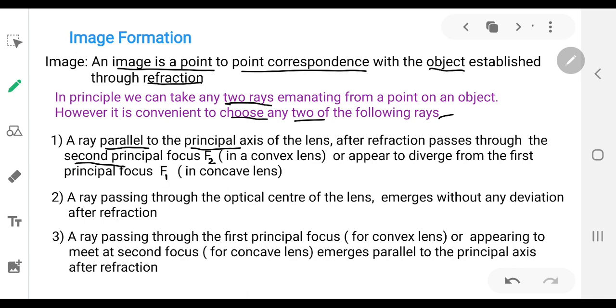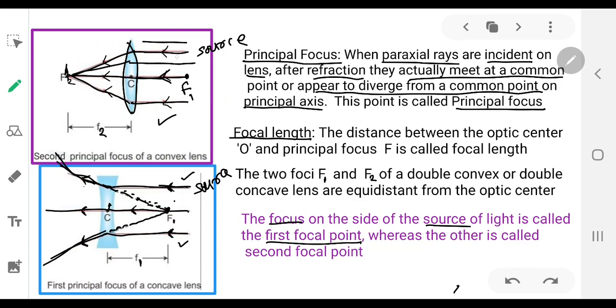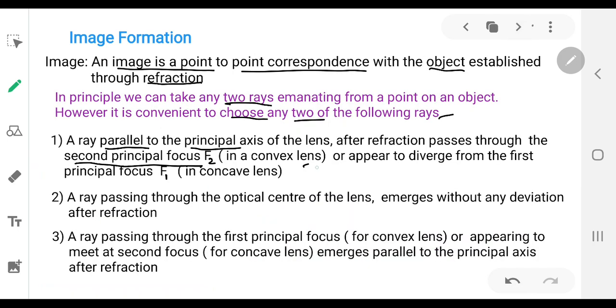It passes through the second principal focus in the case of a convex lens, but appears to diverge from the first principal focus in the case of a concave lens. So if the ray of light is parallel to the principal axis, after refraction it passes through the second principal focus, or in a concave lens, it appears to be diverging from the first principal focus. This is the first ray that you can consider.